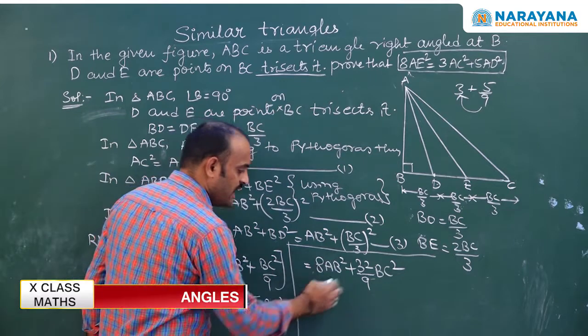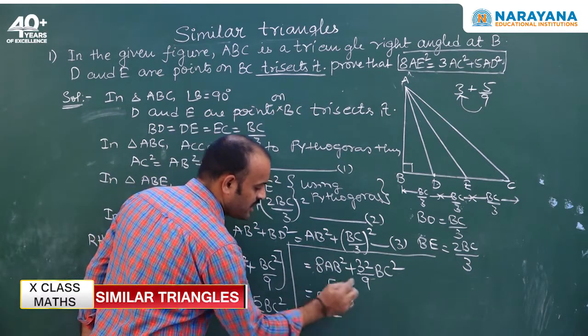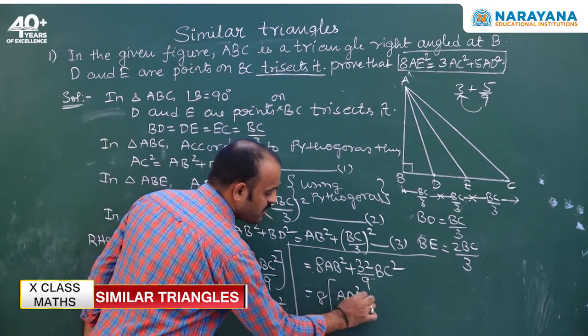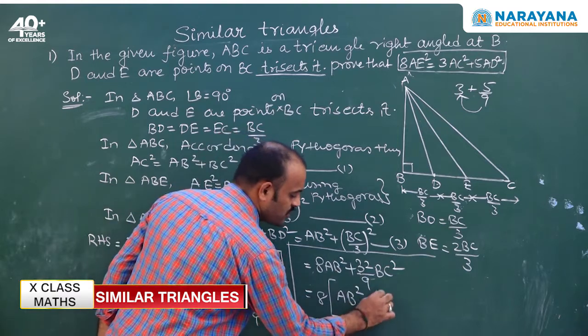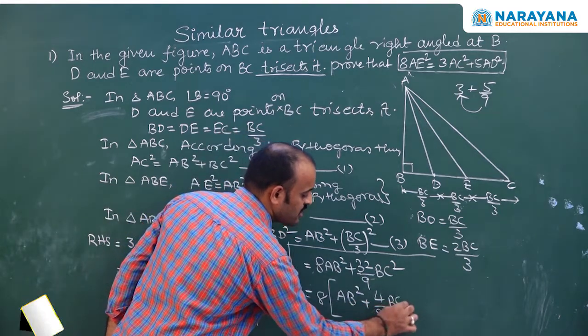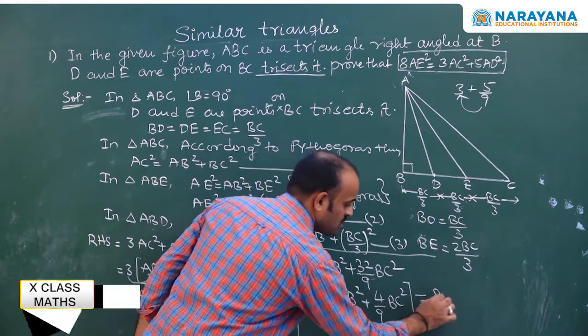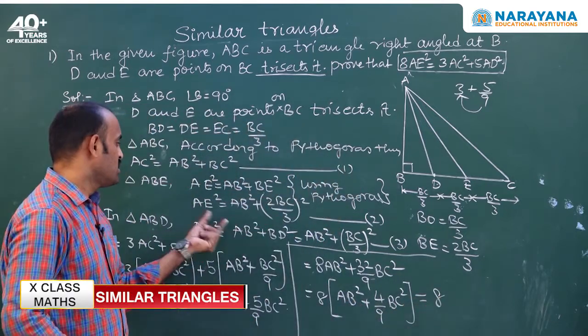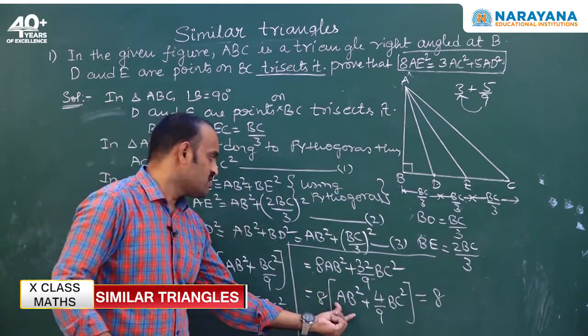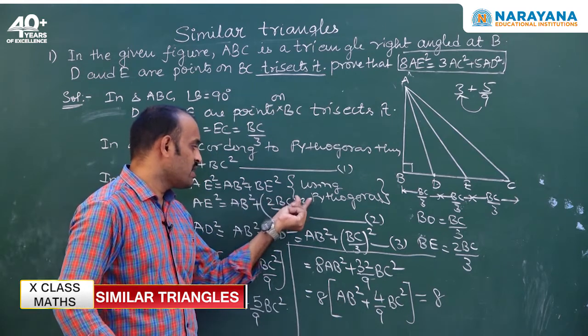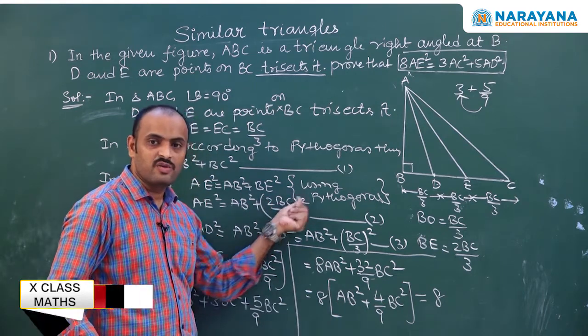In both I can take 8 common. 8 times of AB square, if I take 8 common here, 4 by 9 BC square. If you observe the second equation, AB square, 2BC by 3 square, 2 square 4, 3 square 9.